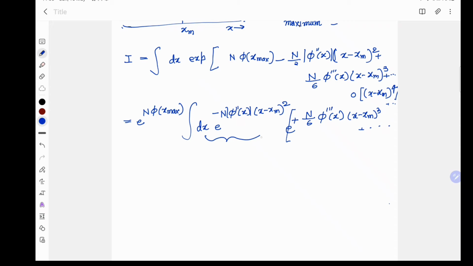It's a Gaussian and we can do it well, but since we have other terms, let us expand it.